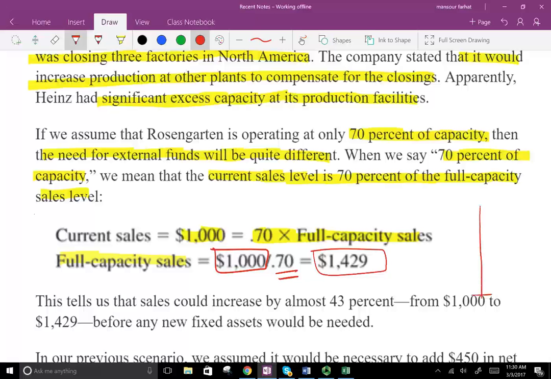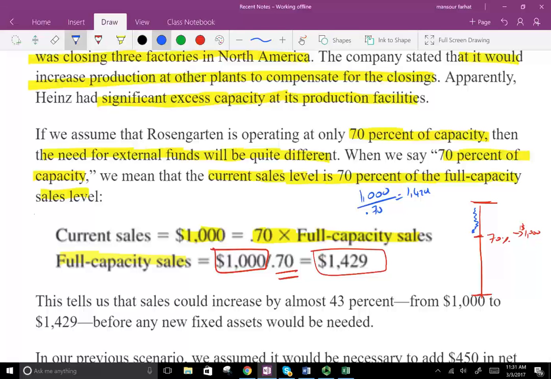Simply put, if this is their capacity, they are using 70% of it, and at 70% they are producing $1,000 in sales. So they still have 30% of their capacity unused. To translate this into sales, take 1,000 current sales divided by the capacity used, and it gives you 1,429.